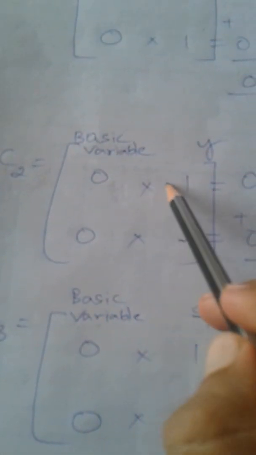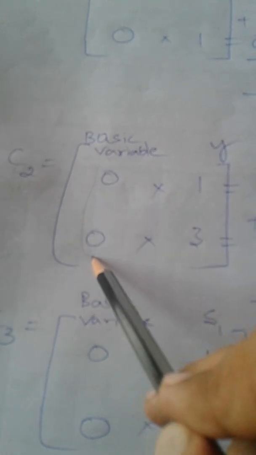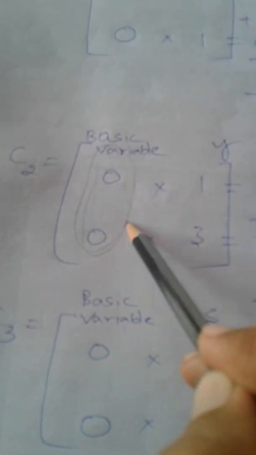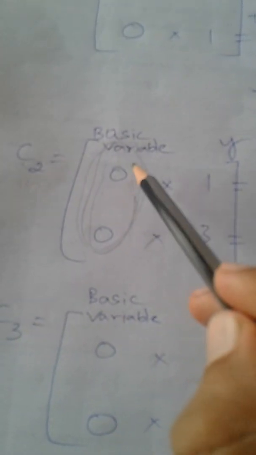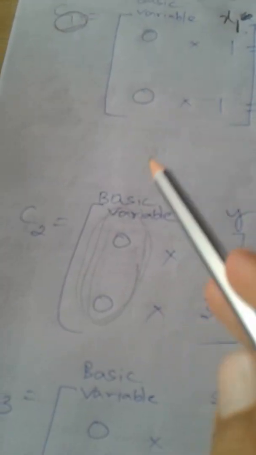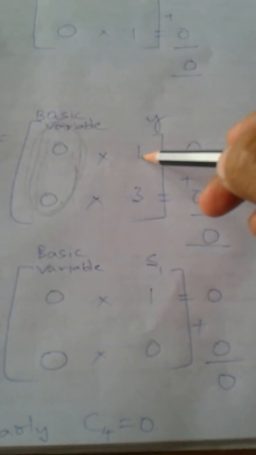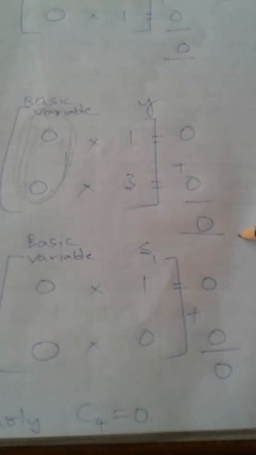Now similarly C2 is nothing but, again, the basic variable column remains as it is, 0 and 0, the same values we are supposed to consider again. But since we are calculating C2, we have to consider the second column in this particular table. The second column is this. So it is 1 and 3, 1 and 3, so that is the reason it is 0 again.